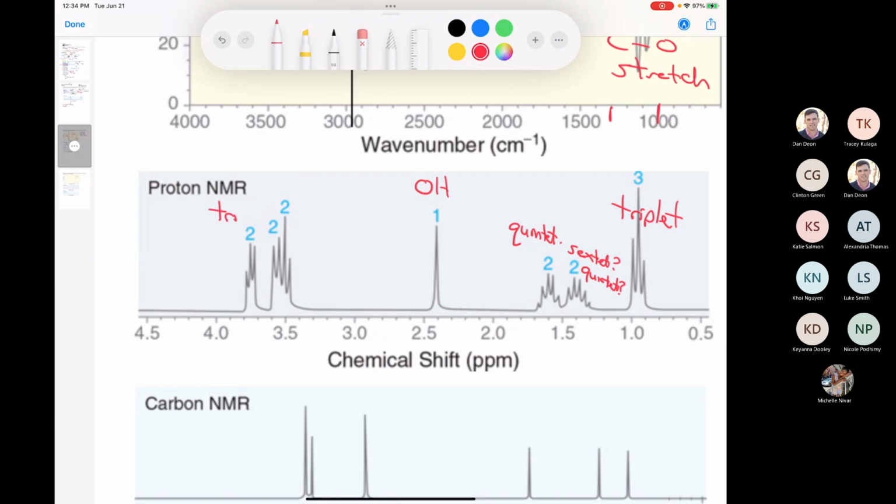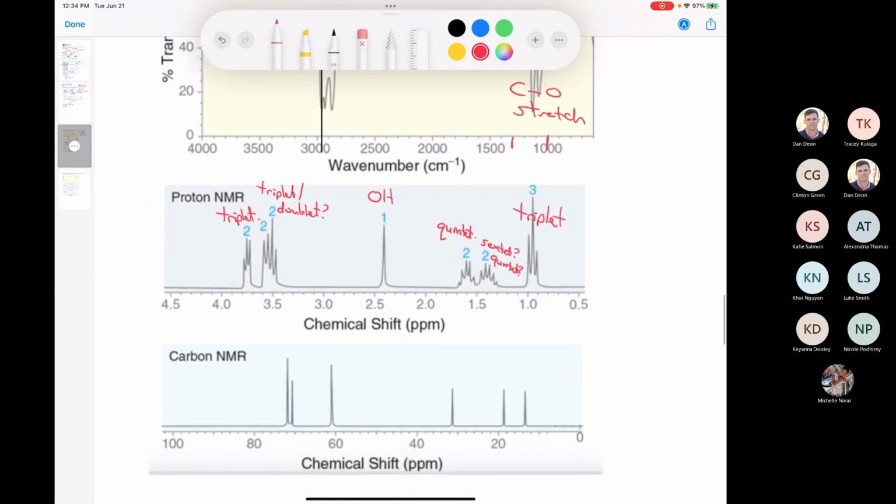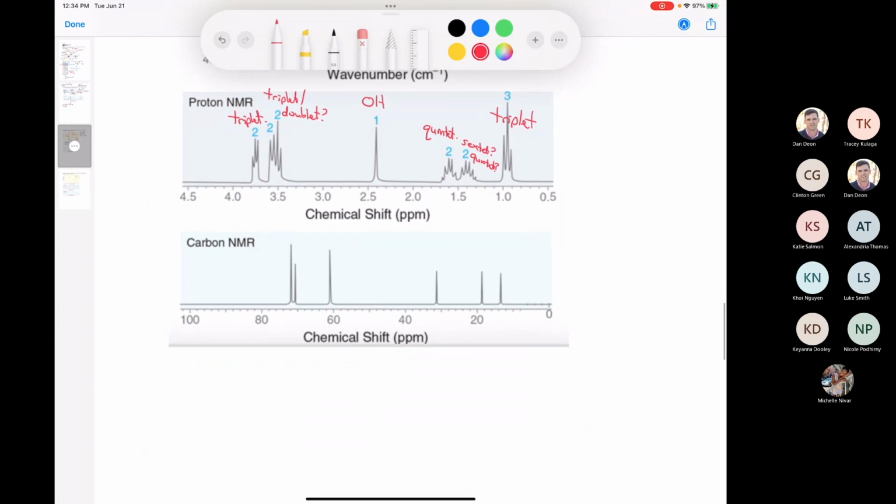We definitely have a triplet here. And then here, it's hard to tell if these are triplets or doublets because it kind of looks like something is overlapping here. So we could put triplet slash doublet. Not 100% sure. So let's go over and look at the carbon.